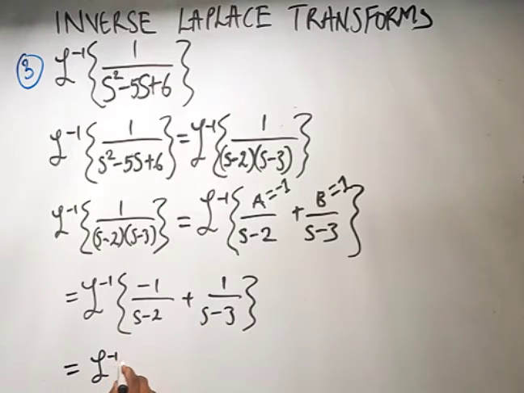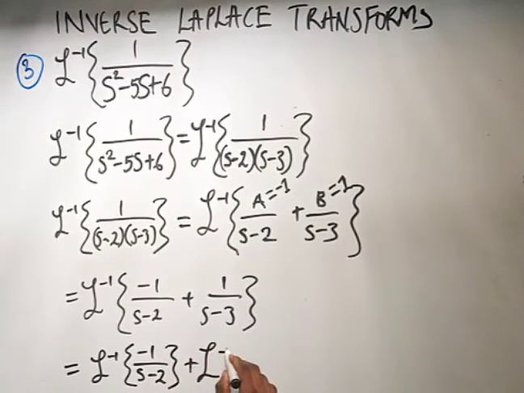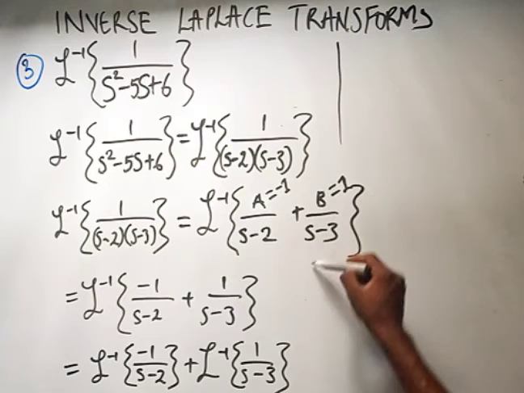So the Laplace inverse of this is the same thing as the Laplace inverse of negative 1 over (a - 2), plus the inverse Laplace transform of 1 over (a - 3). So that is just what I'm stating. So doing that, we get it very nice.